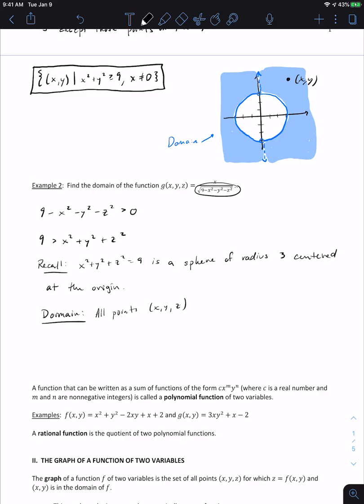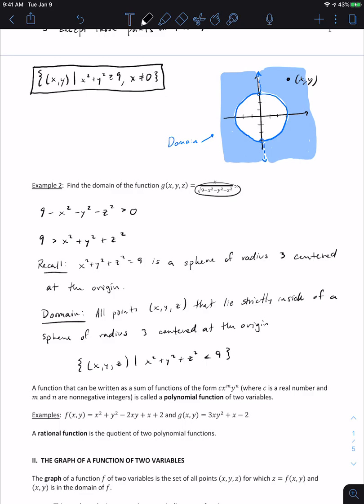All points in 3-space that lie strictly inside, so not on the edge or on the shell, of a sphere of radius 3 centered at the origin. And if I were going to write this out, this would be all points x, y, and z such that x squared plus y squared plus z squared is strictly less than 9.